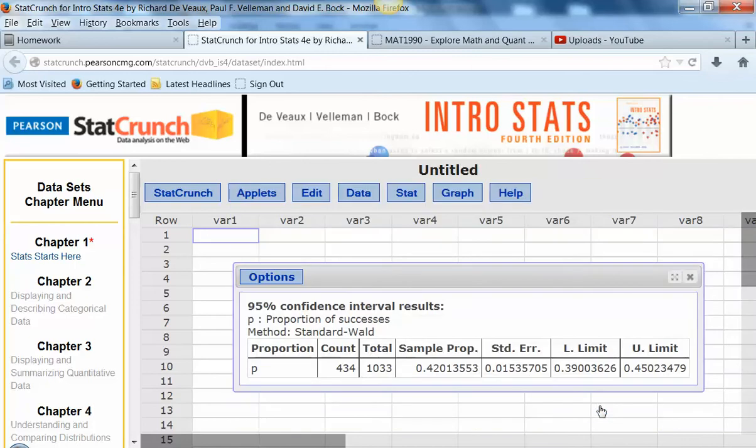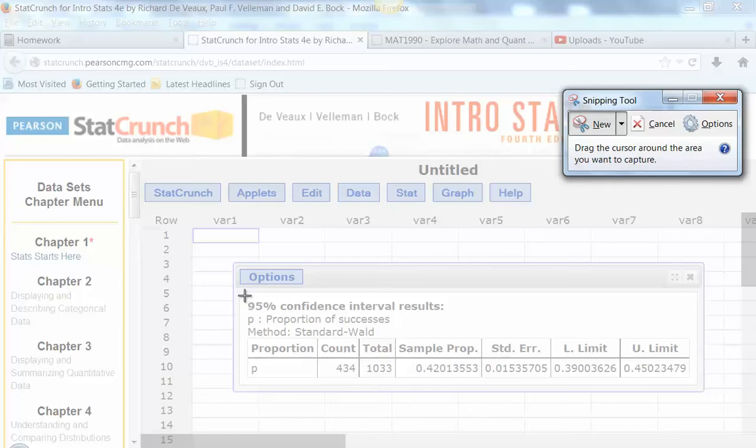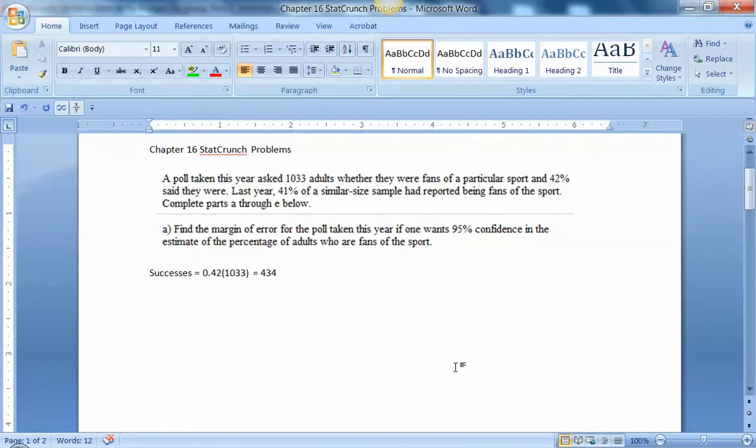All right, so here's what I've gotten, and I'm going to snip this and bring it over to the little file that we were working on before, so we can take a look at the results.